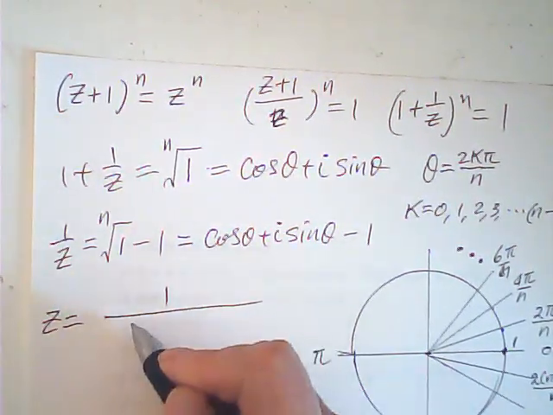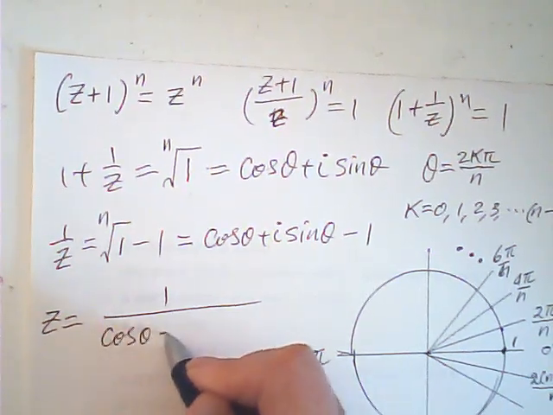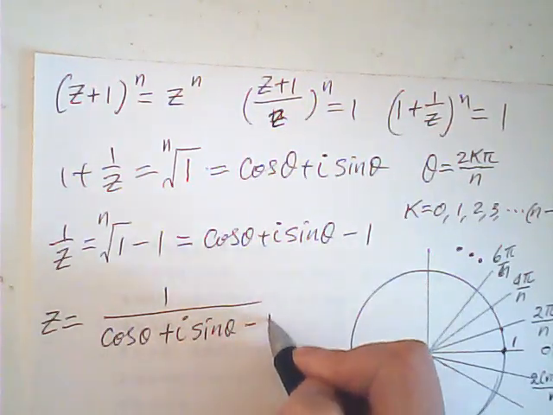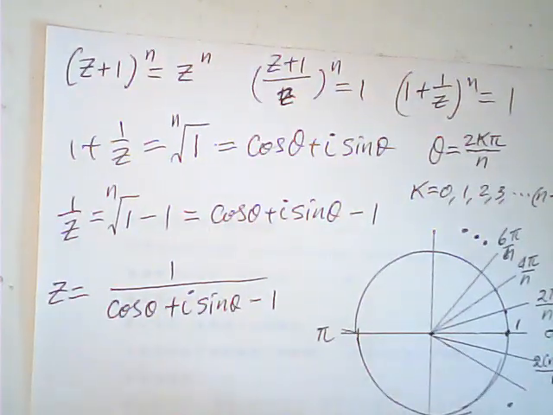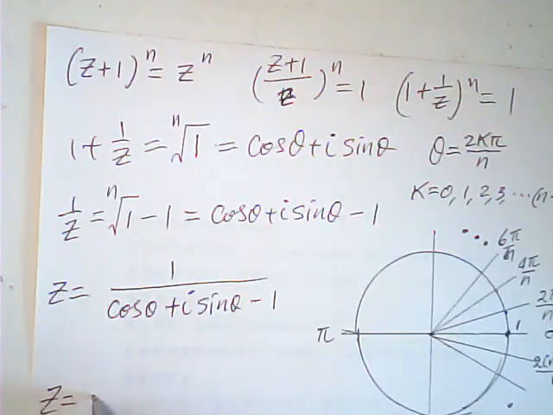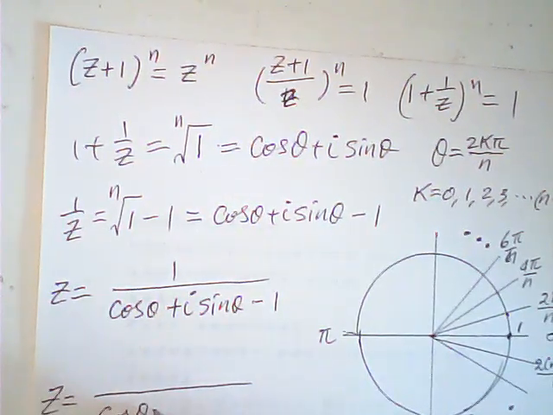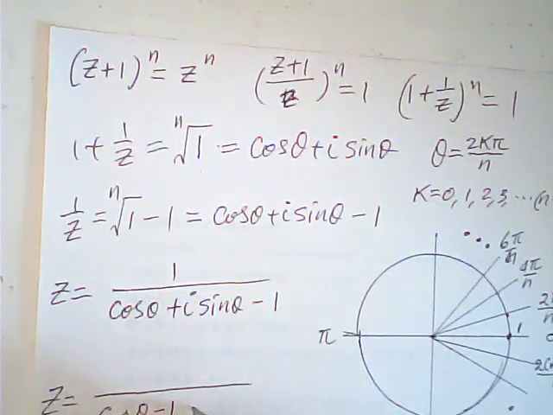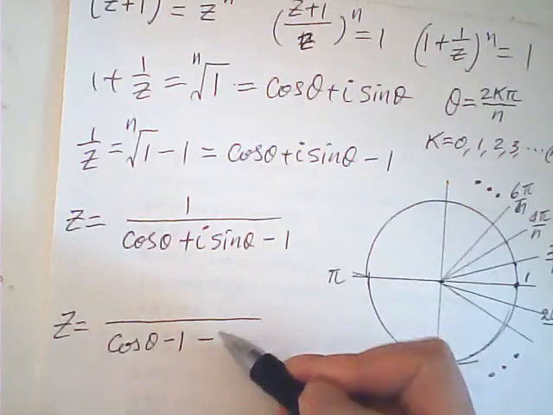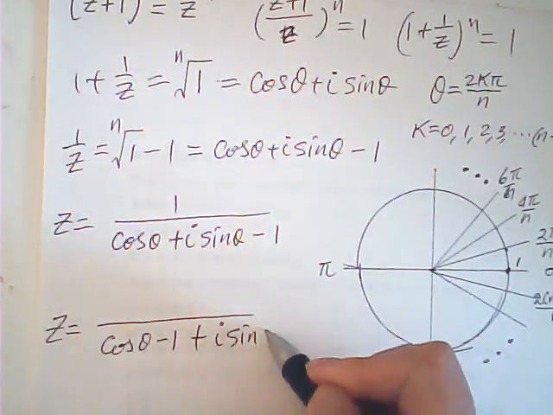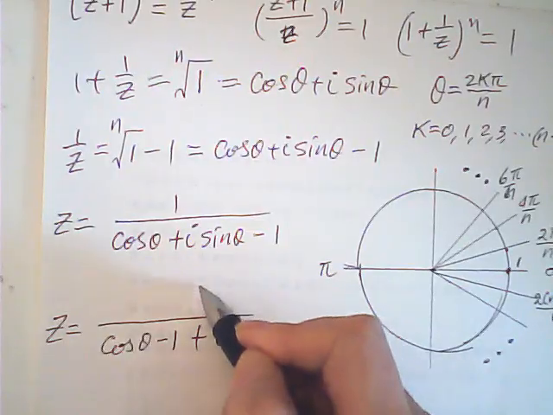So 1 over (cosine theta plus i sine theta minus 1), so z is equal to 1/((cosine theta minus 1) plus i sine theta).